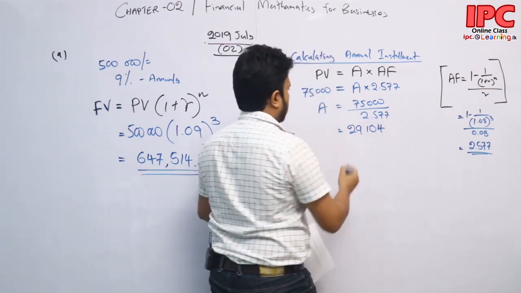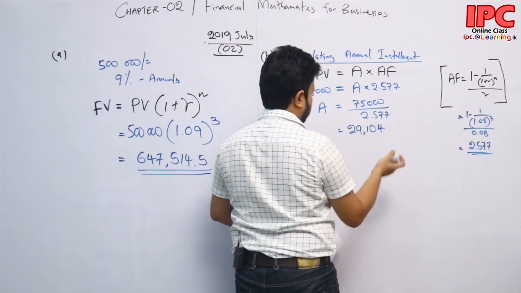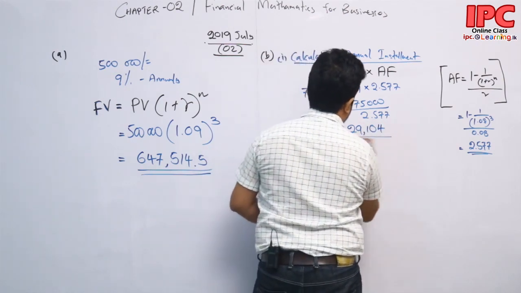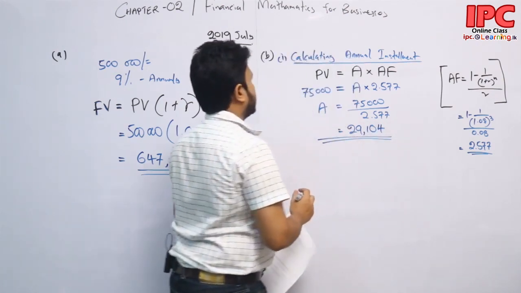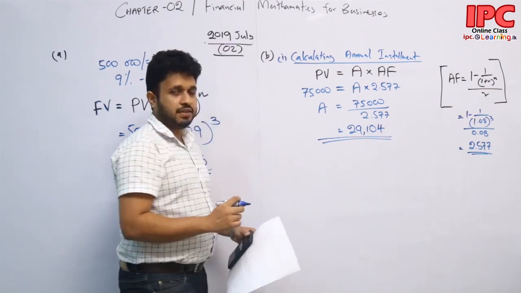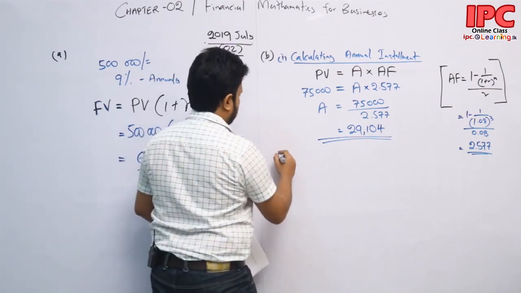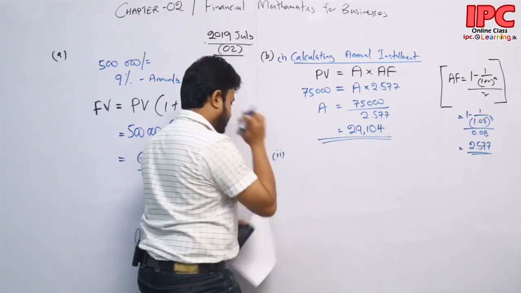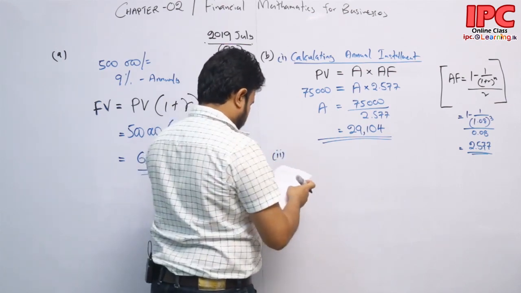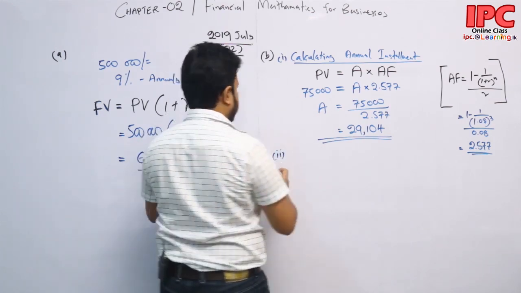Let's say 4, right? Actually 3.6, let's say 4. So this is the annual installment. Then the second part is asking for the amortization schedule, right? Prepare the amortization schedule.